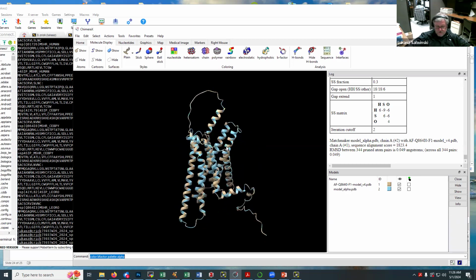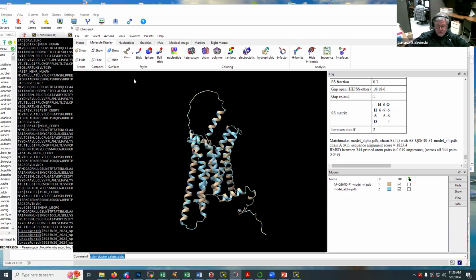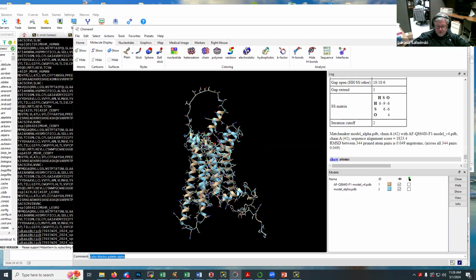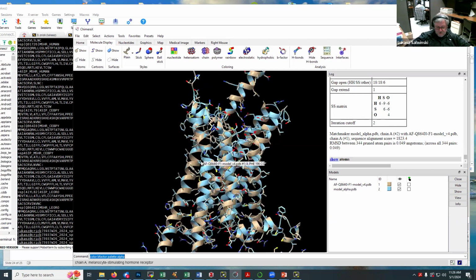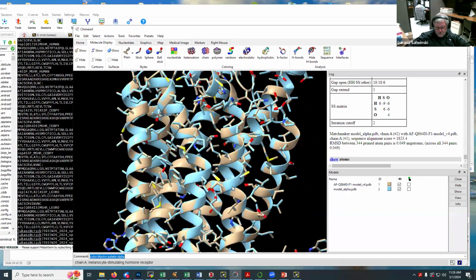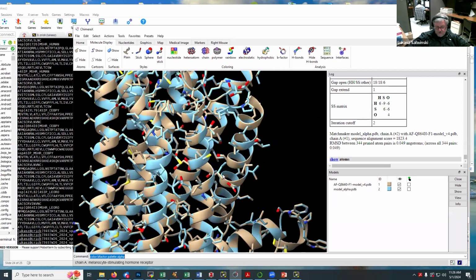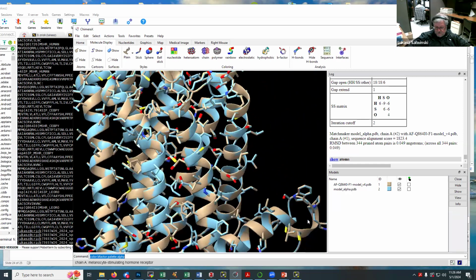We still don't see the side chains. So now what we can do is show side chains. To do this, we just flip things here, and as you can see, there's not much difference.